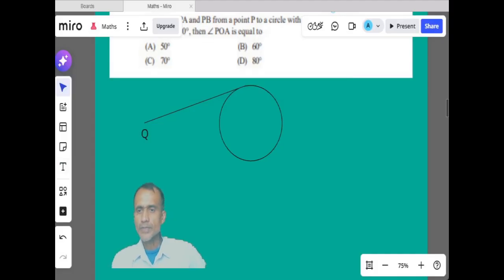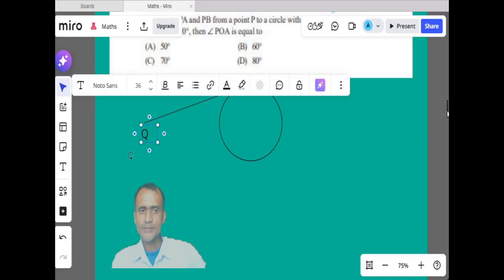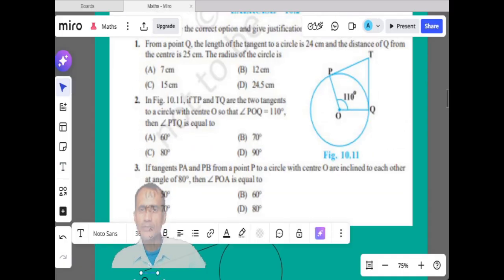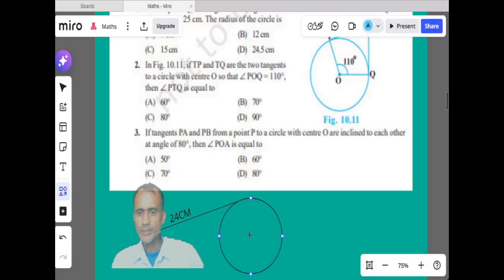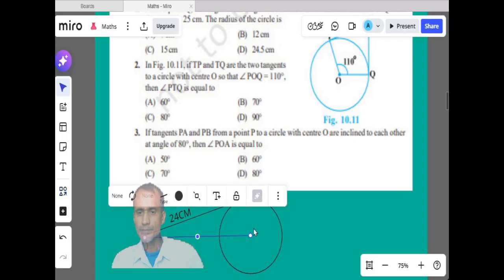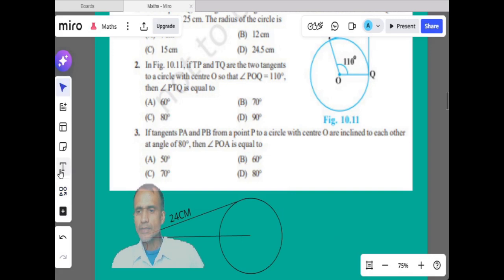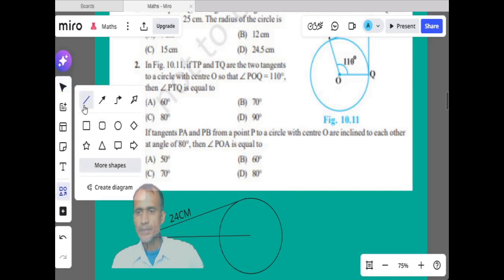So this is the point Q from which we have drawn the tangent, and the length of the tangent is 24 centimeter, and the distance of Q from the center is given as 25 centimeter, and we need to find the radius.